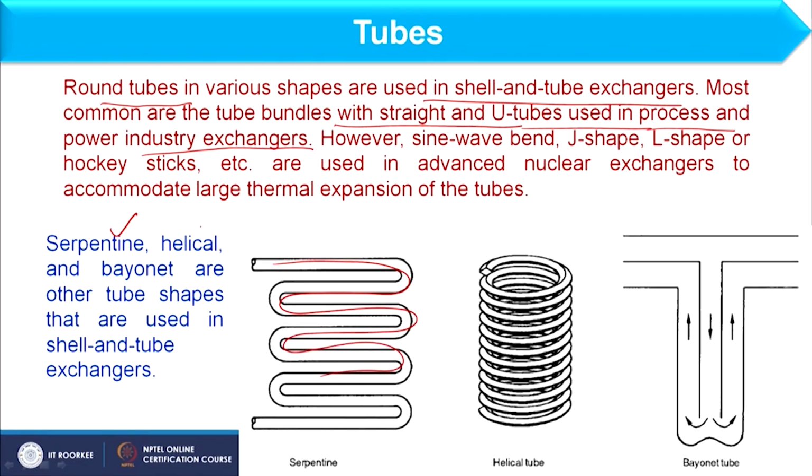We have helical tubes like this, and this we also discussed in classification where pipe coils were discussed, and we have bayonet shape also, as you can see from this image. And these are some other tube shapes that are used in shell and tube heat exchangers along with straight U tube, sine wave bend and J shape tubes.